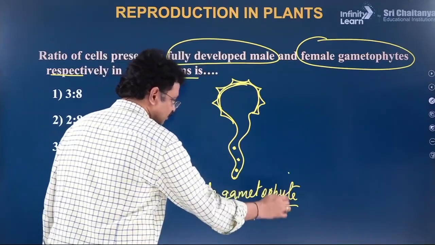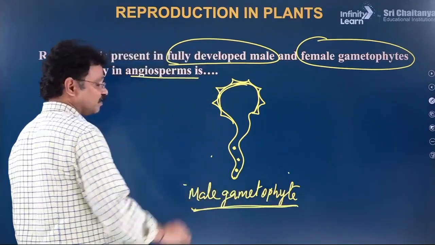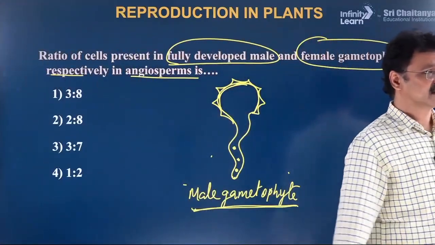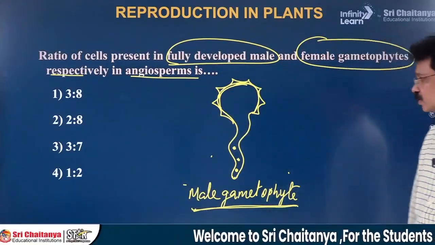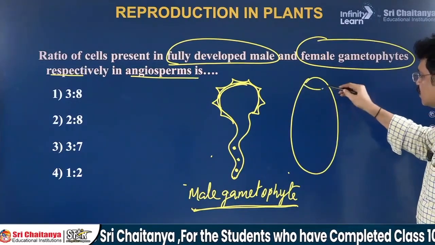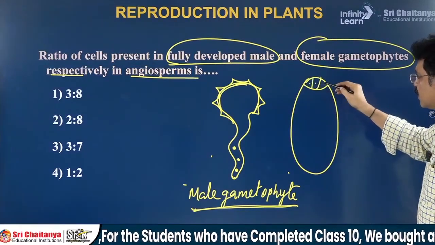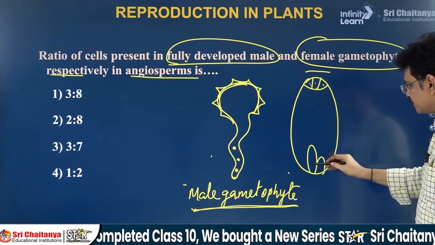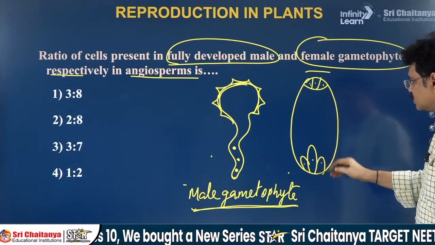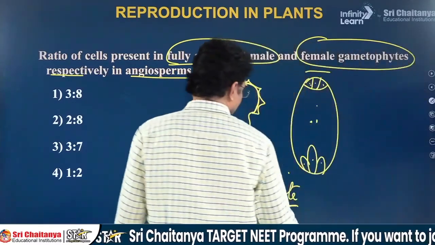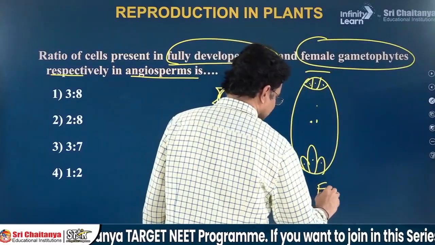This kind of male gametophyte development takes place on the stigma of carpels. Somebody said 3:7 is the right answer. Female gametophyte or embryo sac: towards the chalazal side 3 cells, micropylar side 3 cells, and at the center 1 cell is there in the female gametophyte.